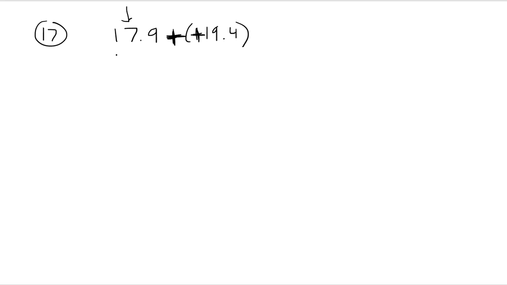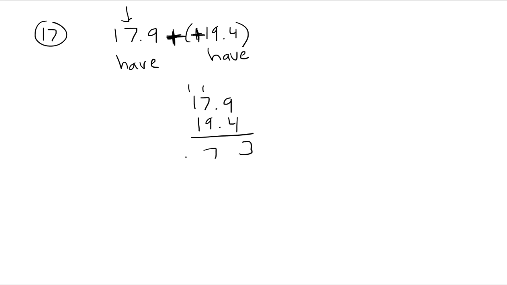Okay, so in this case, we end up having and having. Both of these end up being positive. So to figure out how much we have, we add the two together. So 17.9 plus 19.4 would be 37.3.